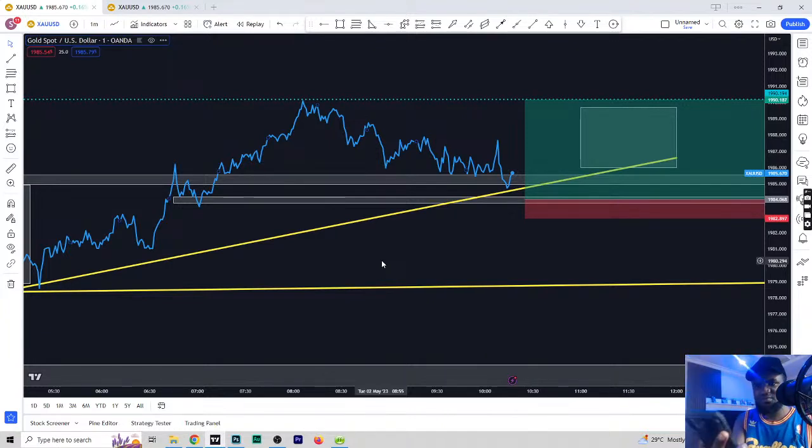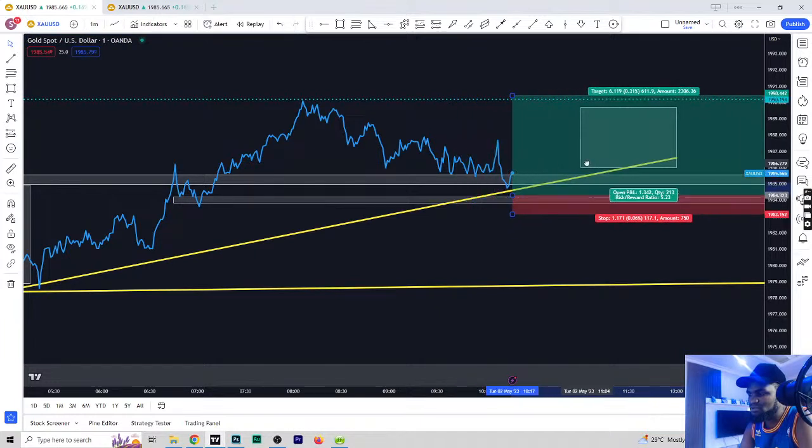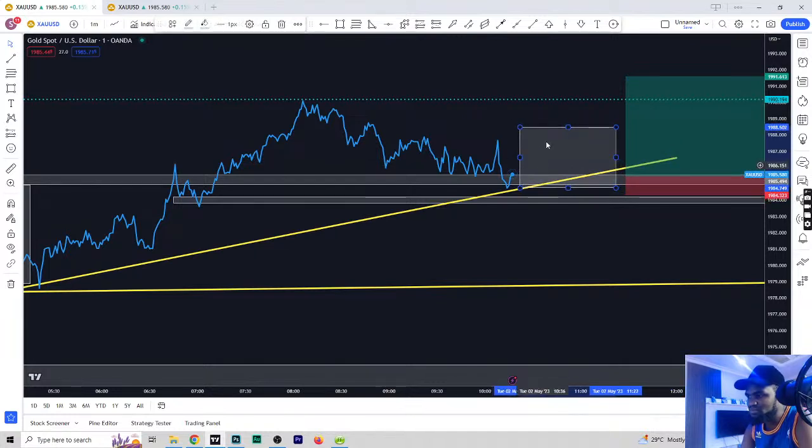You can see here, I'm showing you. And we need to take advantage of scalping a half of it.